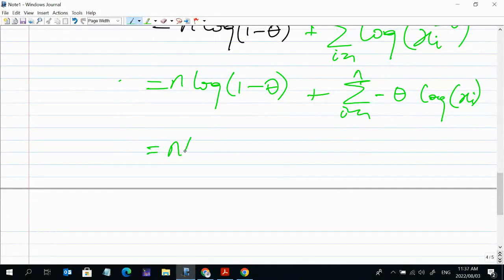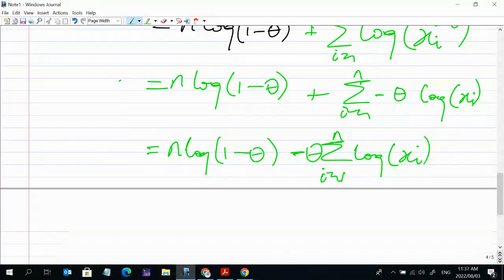And this is equal to n, the log of 1 minus theta. Now we take minus theta out, because it's a constant. That will be negative theta, summation i ranging from 1 to n of the log of xi. So now we have the natural logarithm of the likelihood function.